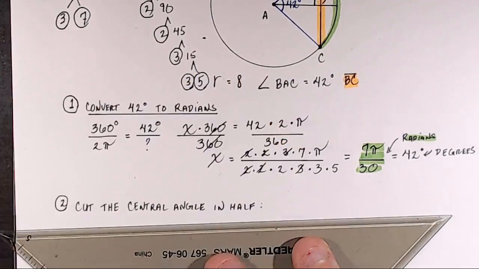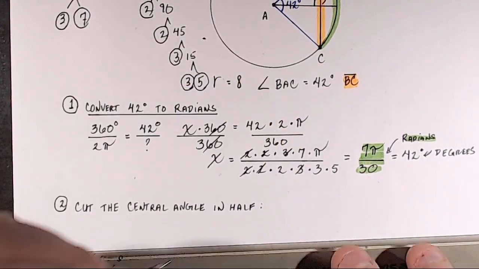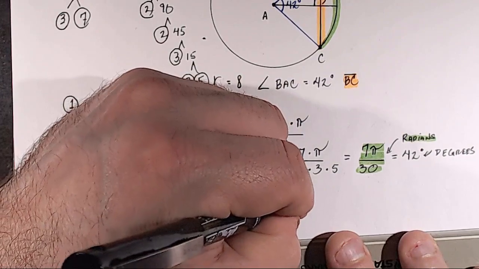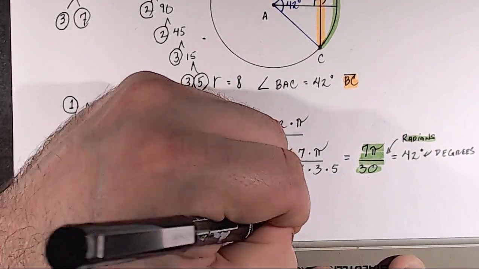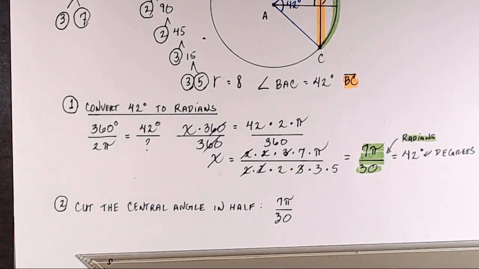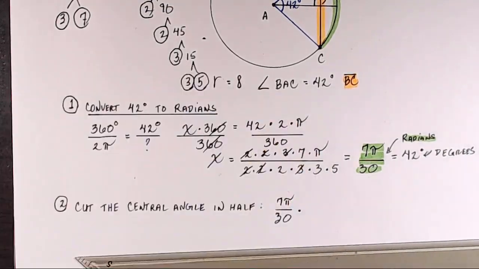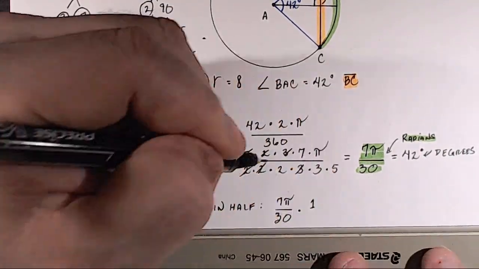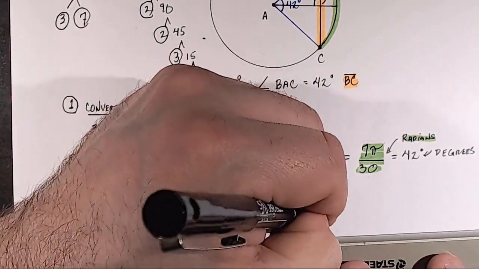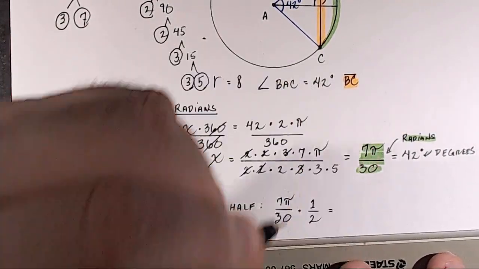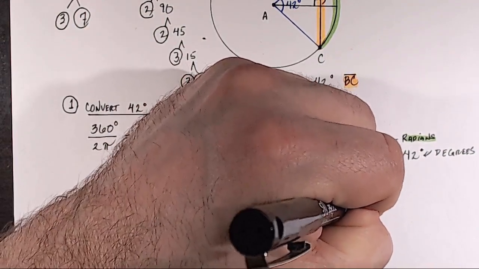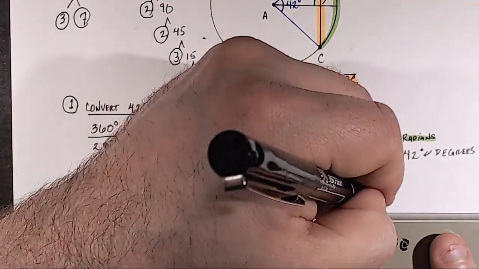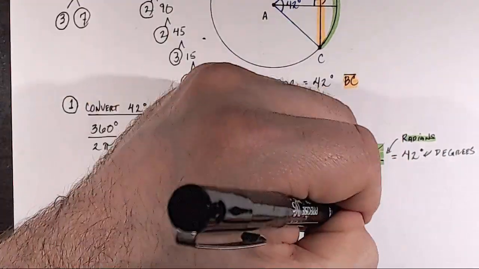All right. Well, our central angle in radians was 7 pi over 30. So to cut that in half, we just multiply by 1 over 2. And now I have 7 pi over 60.